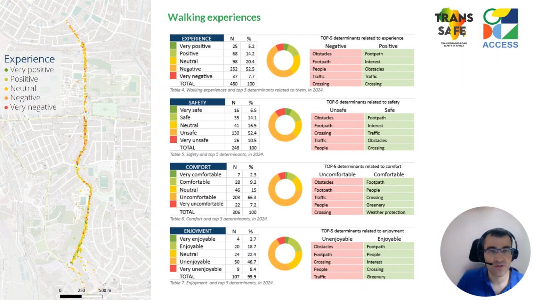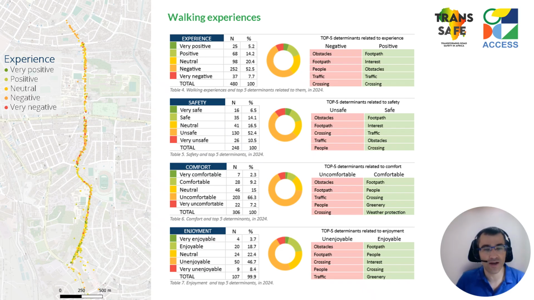Looking into the experiences, we were able to calculate the different percentage of experiences. Unfortunately, in this study, we found very large proportions of negative experiences, over 50% in some cases.